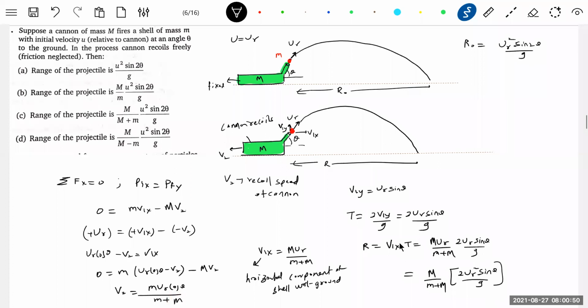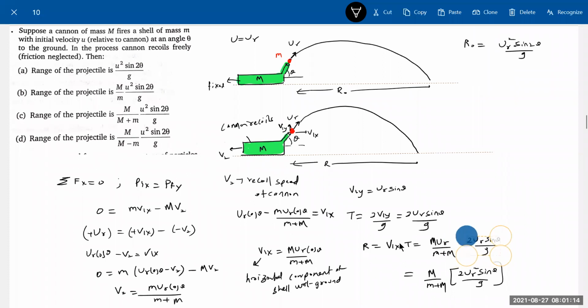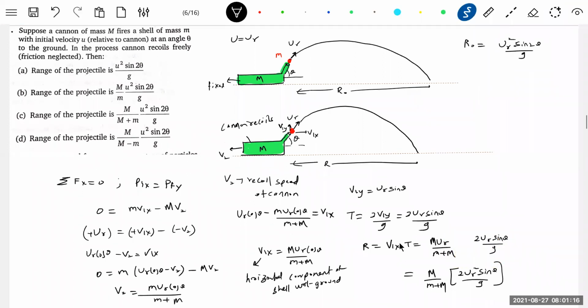So v1x I am going to substitute here. So this will become ur cos theta. After substituting here, solving, we will get v1x, so here ur cos theta will come. The two diagrams are very important.